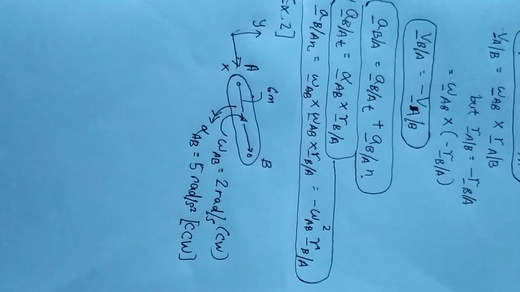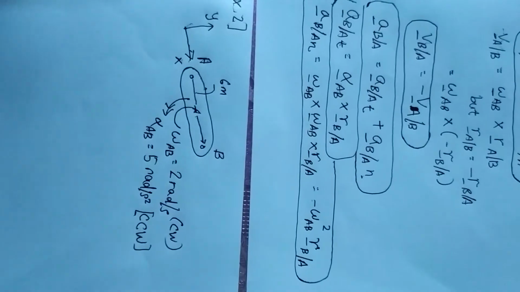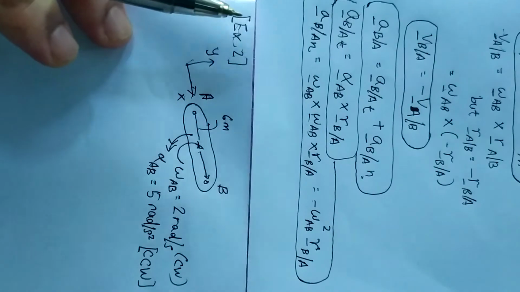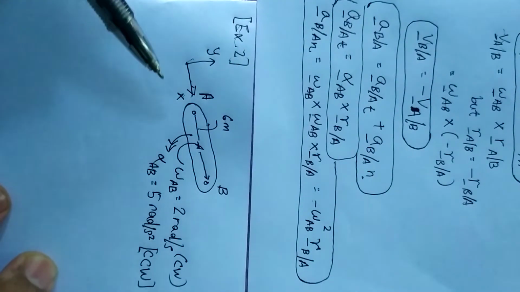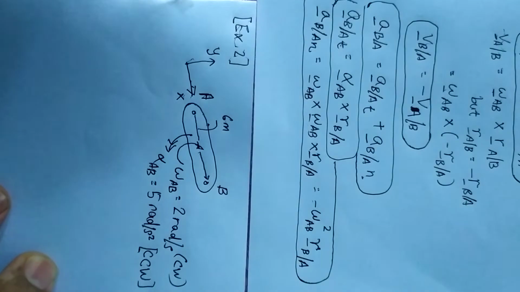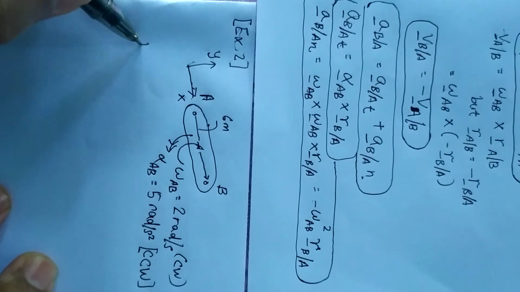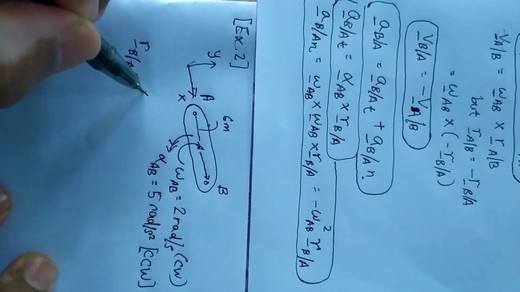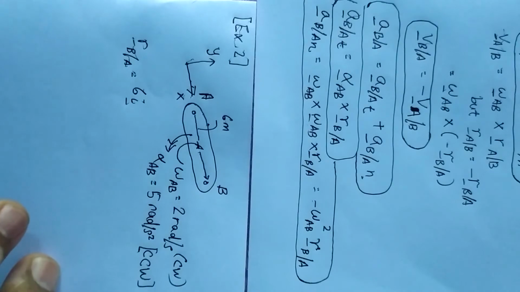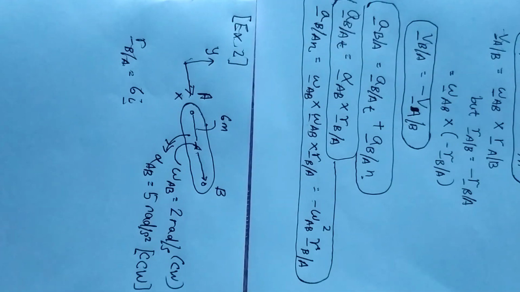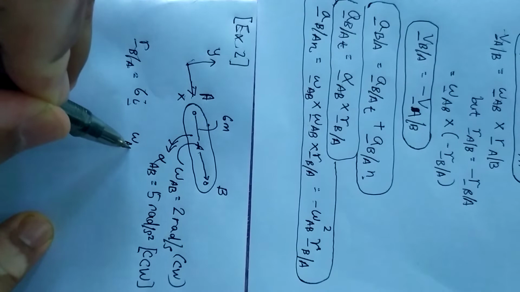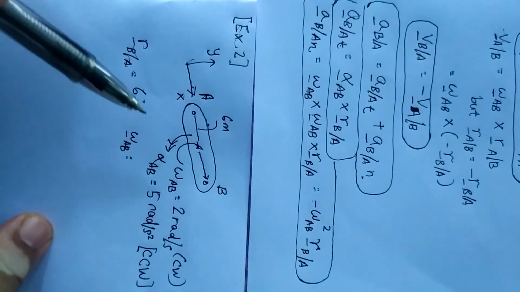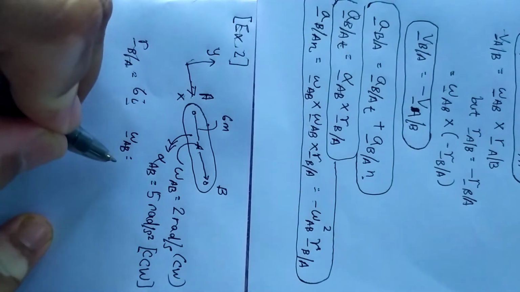We use the easiest one for us to solve, which is X in the direction of AB. Therefore, from this system, the position vector of B relative to A is easily 6i. Then we need to write down the vector omega AB, which is 2 radian per second. It is clockwise, so it's in the negative direction, so minus 2k.